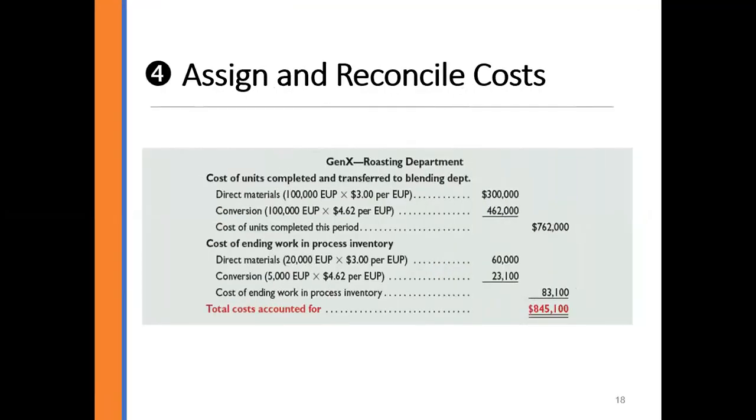Step 4, assigning and reconciling cost. Again, we're looking at what we began with and the cost of equivalent units of production that we began with, and then what we ended with, right? So units completed and transferred out, and then the cost of ending work in process inventory. If we go back real quick, I want us to remember this: total cost accounted for 845,100.